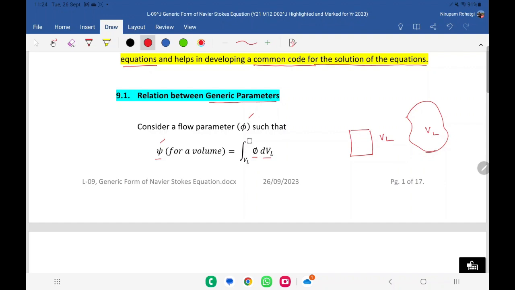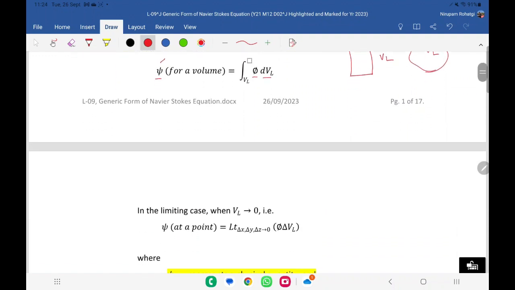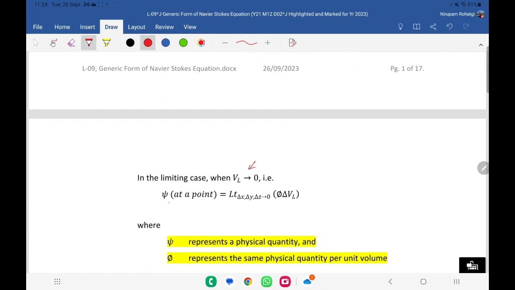So psi is nothing but phi into volume. Now if you take the limiting case that VL approaches 0, psi is equal to phi into delta VL, and this delta VL you can make approach 0.